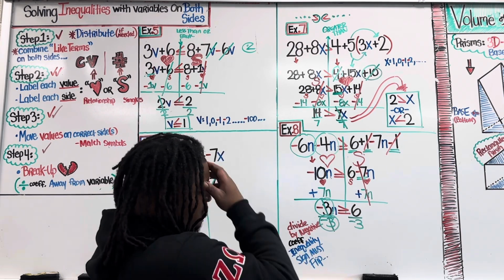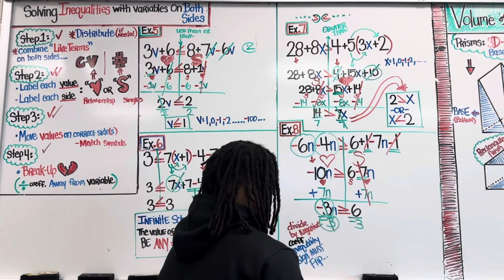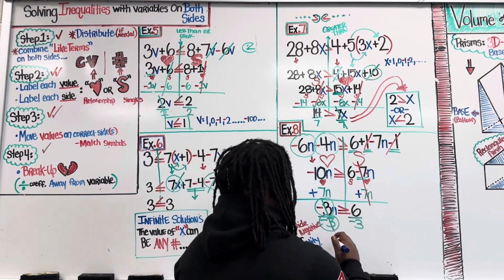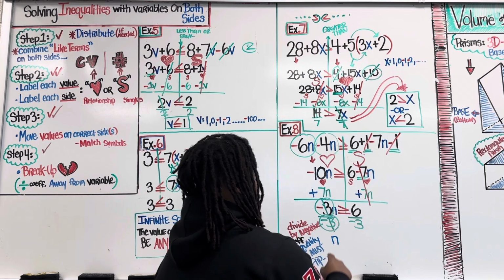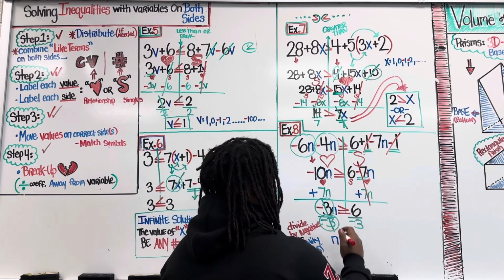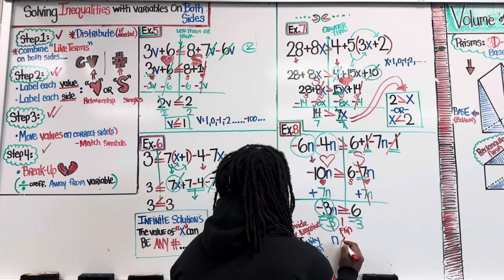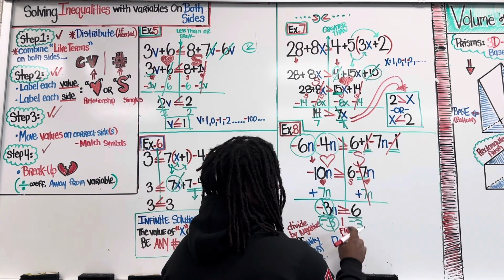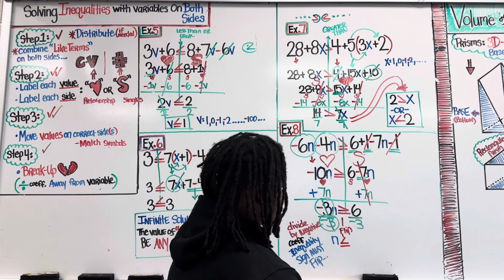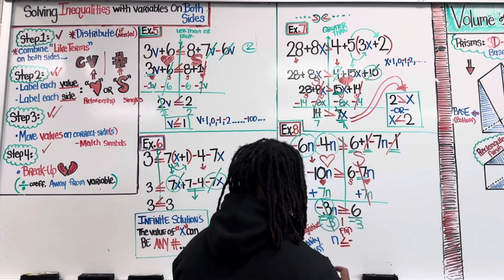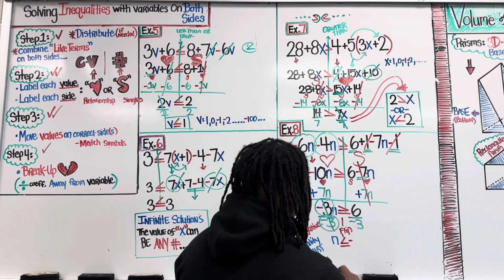All right, so we're gonna have to actually flip this inequality sign. So now it's gonna be n is less than. So now the sign is flipped. So now it's less than or equal to, and then 6 divided by -3 is a -2.